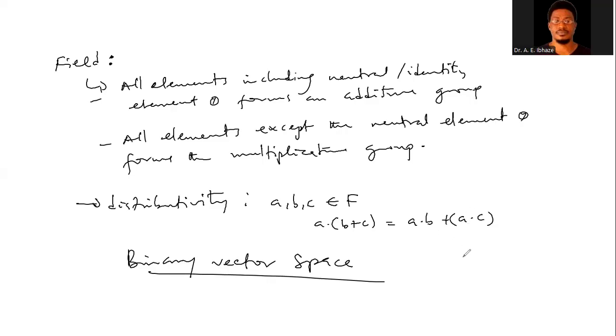Because we are dealing with two major elements, the 0 and 1. Okay? So this brings us to the binary digits. So how do we perform operations in the binary vector space? So let us look that up. So it's not different from what you already know.